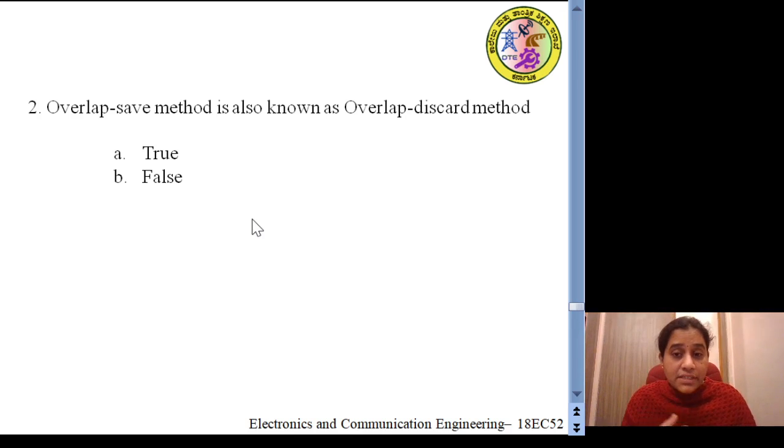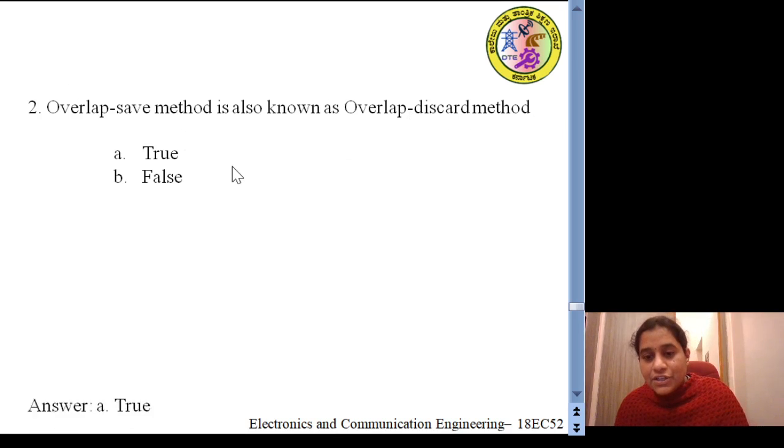Then each block is convolved with the impulse response to obtain blocks of output. Then we overlap the blocks of output and save certain samples. In other words, we are discarding certain values. So obviously our overlap save method is also known as overlap discard method. So the answer is true.